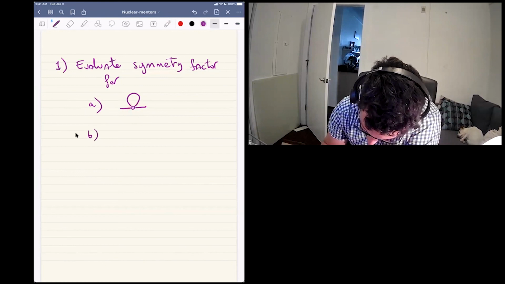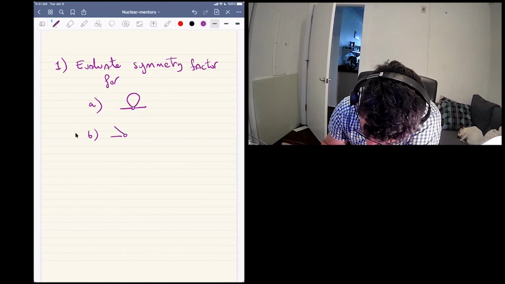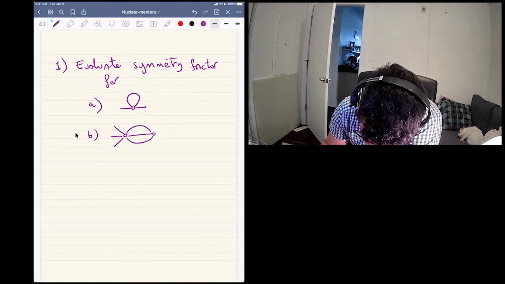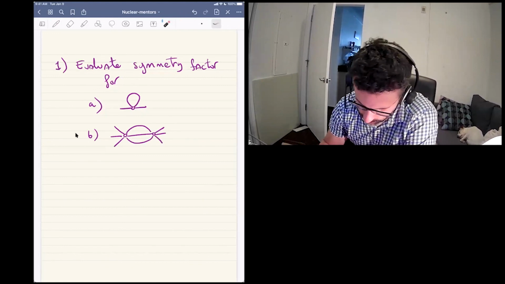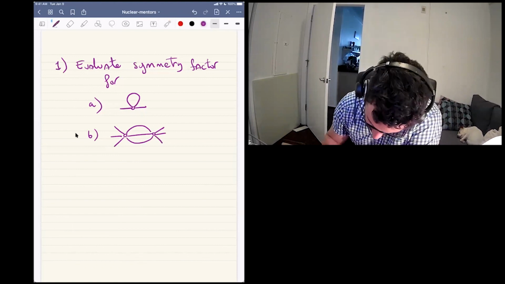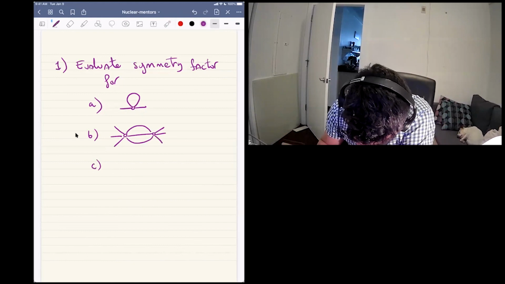B. Right. And remember, the symmetry factor is associated with the intermediate legs, not the external ones. And then let's do one more.